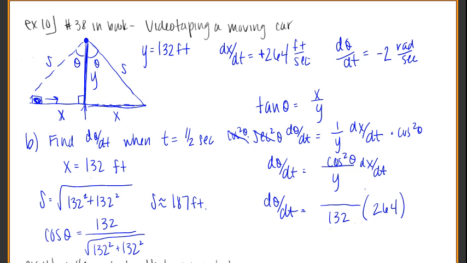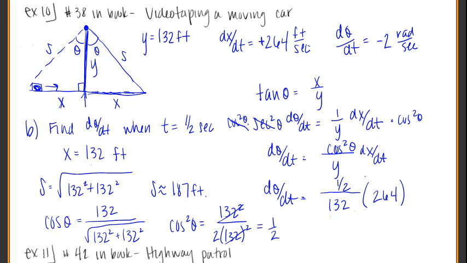And if I want cosine squared theta, then it's going to be 132 squared over the sum of those two, so 2 times 132 squared, which actually simplifies out really, really nice, because that will cancel with that and we'll just get 1/2. Okay, so cosine squared is 1/2.